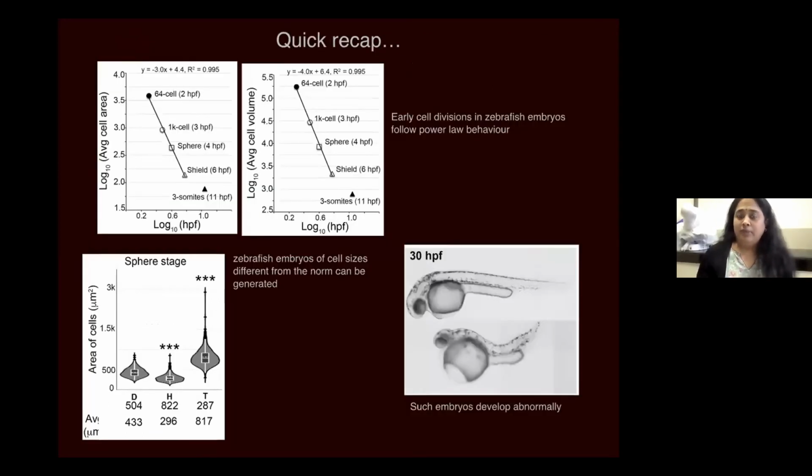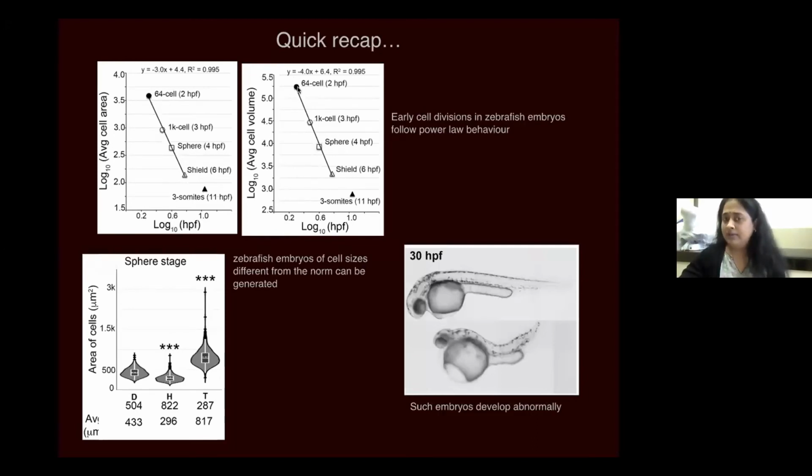Now, I'll do a quick recap of what I told you. What I've shown you is that these early cell divisions in zebrafish embryos, starting from a single cell to generating a multicellular zebrafish blastoderm, which can then undergo cell movement, follow power law scaling, and it decreases with time.